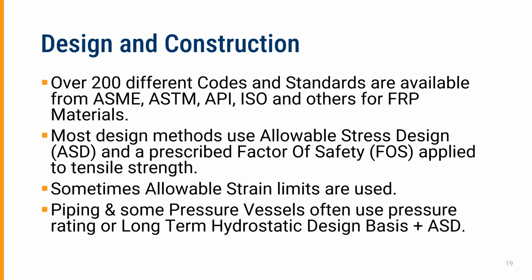Sometimes allowable strain limits are used with essentially the same effect as allowable stress design. Now, piping and some pressure vessels often use pressure rating or a long-term hydrostatic design basis, plus allowable stress design where we don't have a basis for the long-term hydrostatic design.